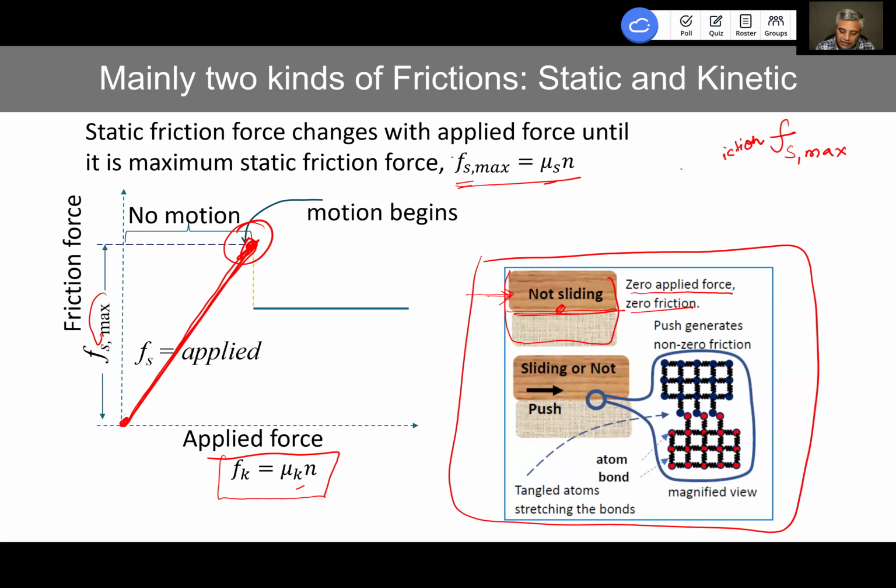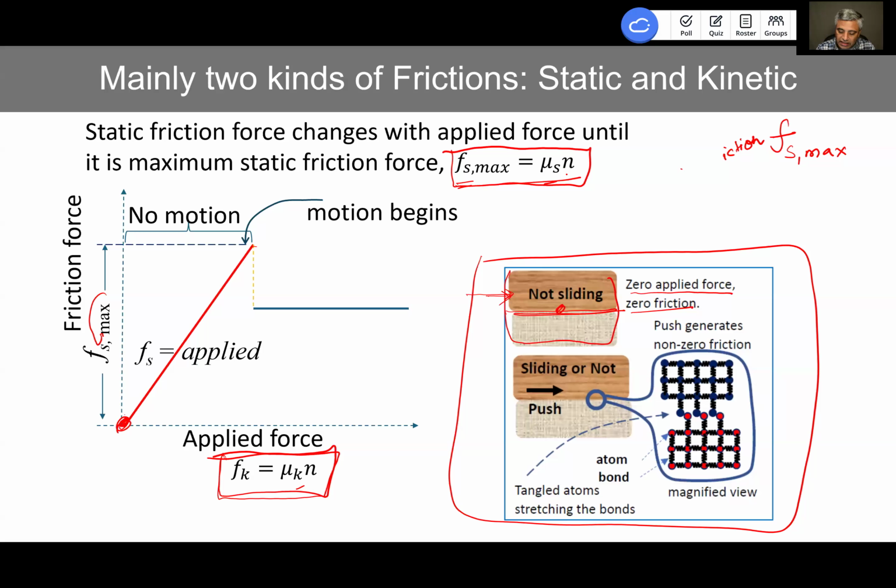For this class, you need to use these two equations in suitable situations. You need to know when to use kinetic friction force, and when to use static friction force, and when static friction force is maximum versus sometimes it could be zero, right?